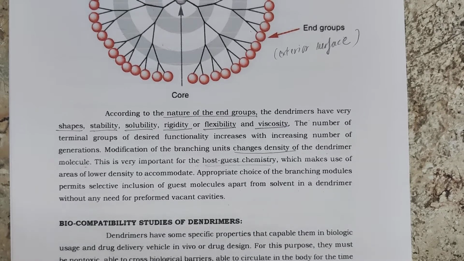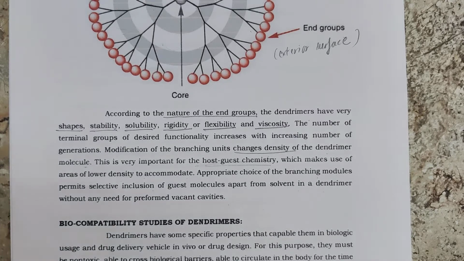Like if we have to accommodate something of, let's say, 40 Angstrom or 4 nanometer, we will keep our cavity of the appropriate size. If we do not have any means to make a cavity of around 4 to 5 nanometer, then it will be very hard to be selective for that particular guest molecule. Let's say we have a dendrimer of cavity 10 nanometer.